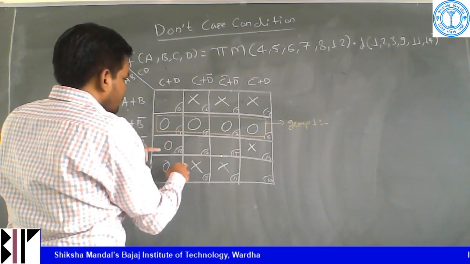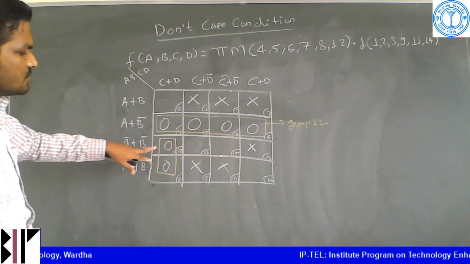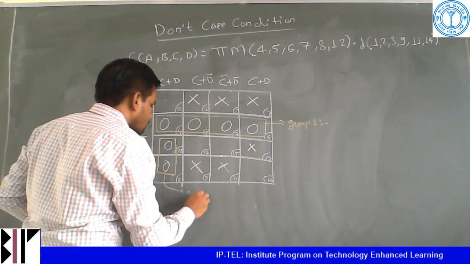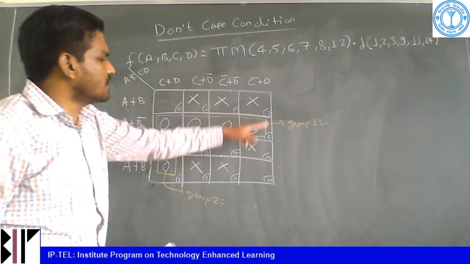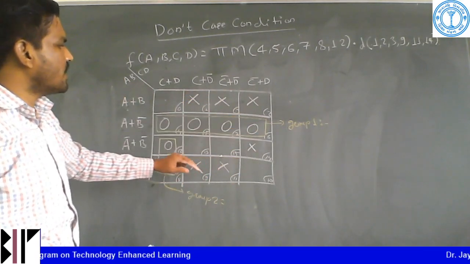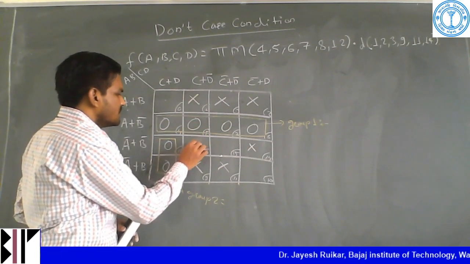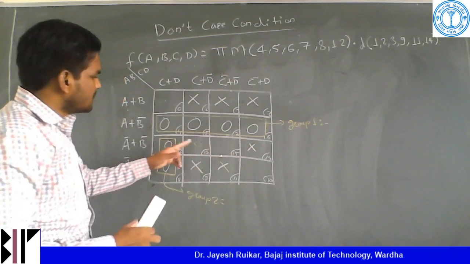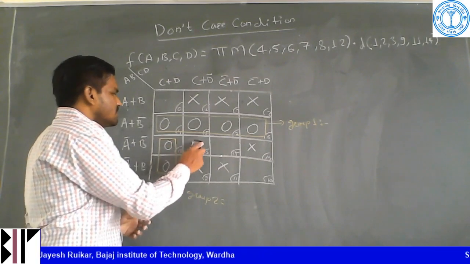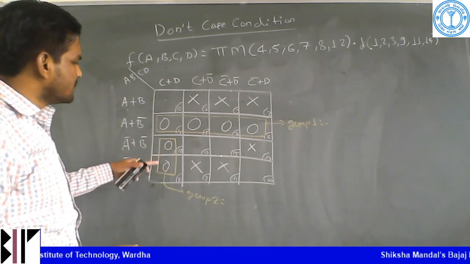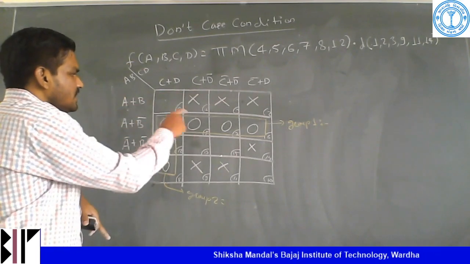So we combine these two adjacent zeros and form group 2. As you can see, there is no don't care that is required to be considered. If any don't care were present, we could combine it in a quad of four adjacent zeros by treating it as zero, but here the don't cares are not essential to combine with any zeros.